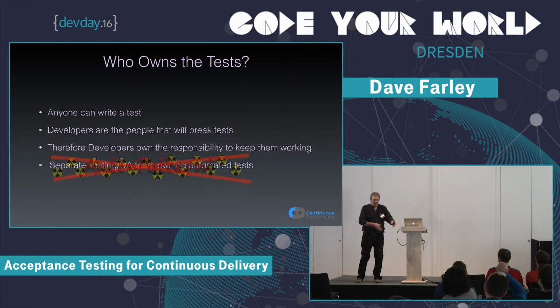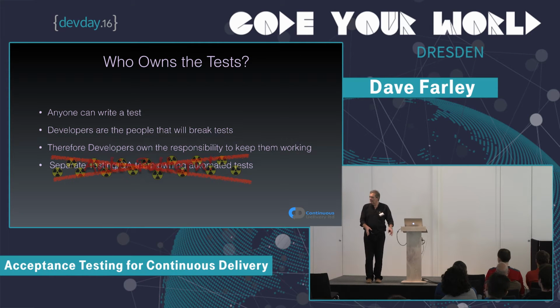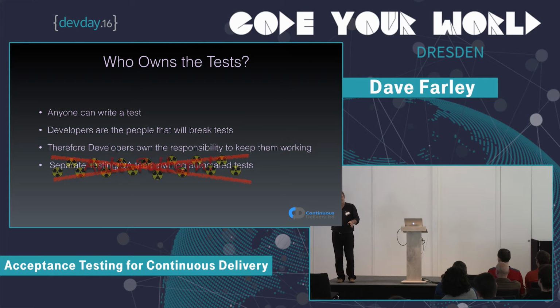And then the developers keep on changing things, and they'll break the tests. And then the QA people will try and fix the tests. Meanwhile, the developers are breaking more stuff. And you spend the rest of history with the QA team chasing the development. There's usually more people in the development team than the QA team.